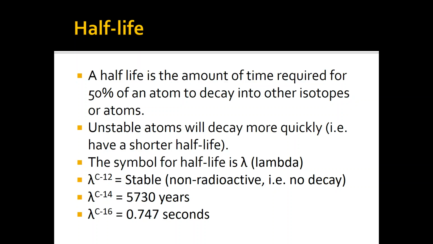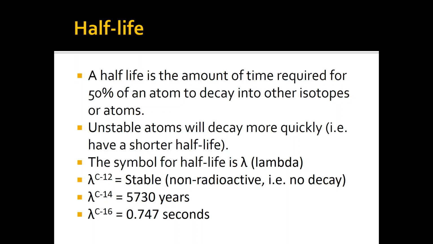It took 5 days for half of it to go away. What that half became, it doesn't really matter. What matters is that it's no longer what it started off being. So if it started off as carbon-14 and became nitrogen-14, we don't care about the half-life of nitrogen-14 because what we're looking at is the decay of carbon-14, not what it became.